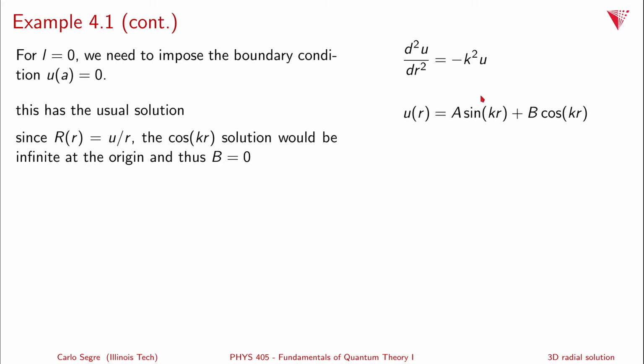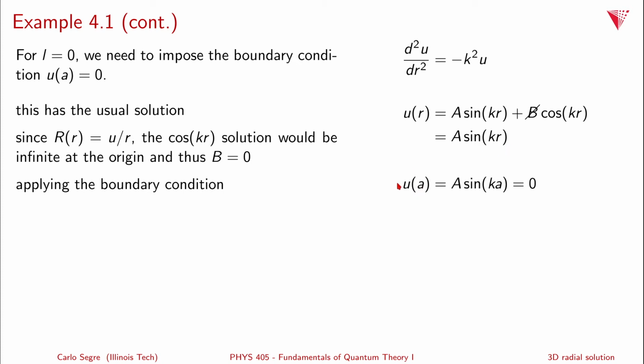However, the sine kr solution is finite because at the origin, sine goes to 0, but 1 over r goes to infinity, and so sine kr over r is finite. And so this solution survives, this solution goes away. We can now write that the solution is equal to A sine of kr, and we now apply the boundary condition. So u of a is equal to A sine of ka, which is equal to 0.